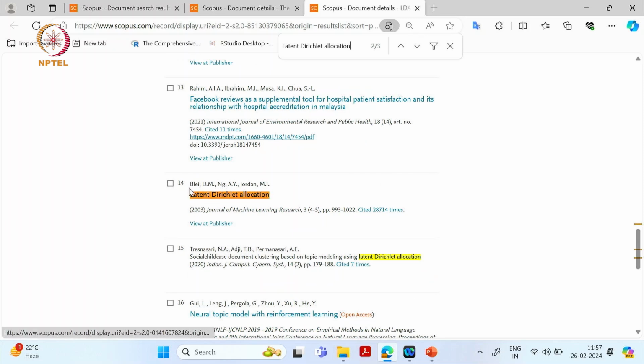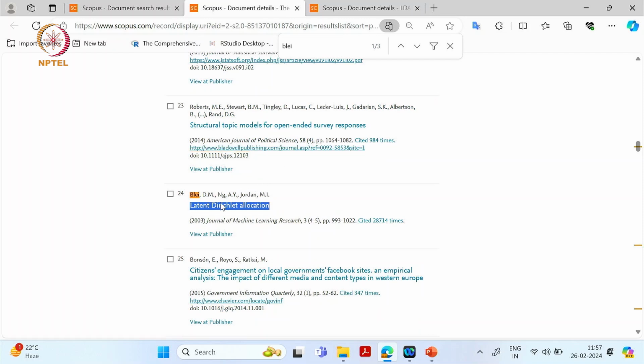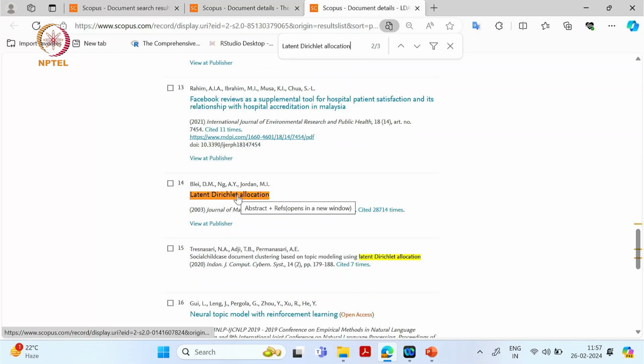The same paper we have in this document also, and in this document also, by this author, published in 2003, Journal of Machine Learning Research. And if we see here the same document, what it shows is that these two documents are bibliographically coupled and their strength is at least one.